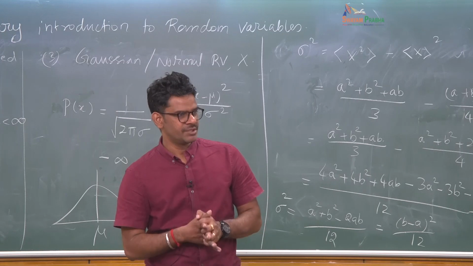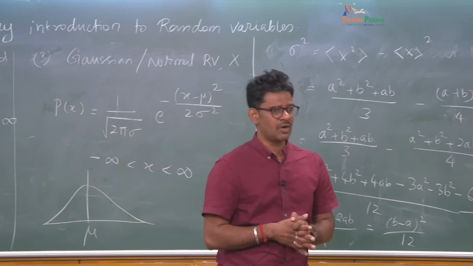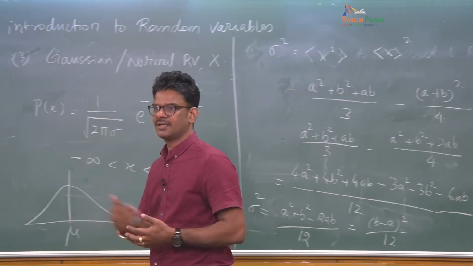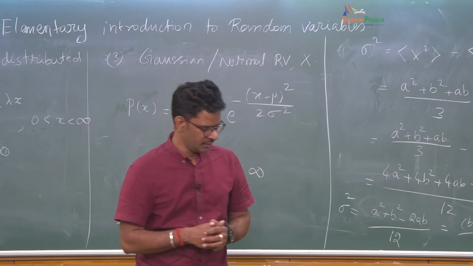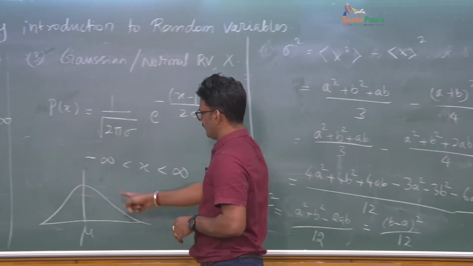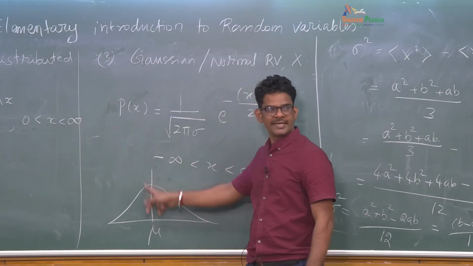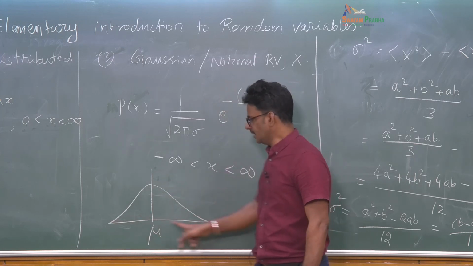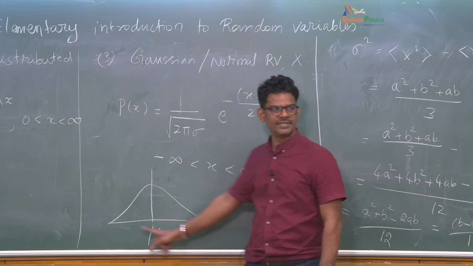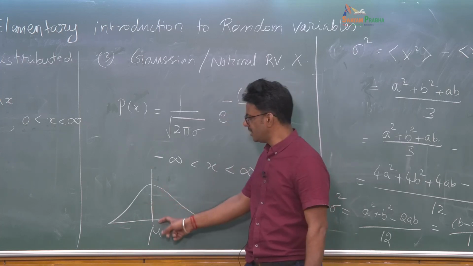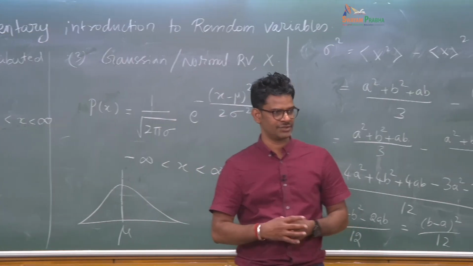In the exponentially distributed random variable, the smaller x values are more likely than the larger values. In the case of normal distribution, any value near the mean is more likely to happen, and the values far from it have low probability. The spread and the mean value are the parameters of the distribution.